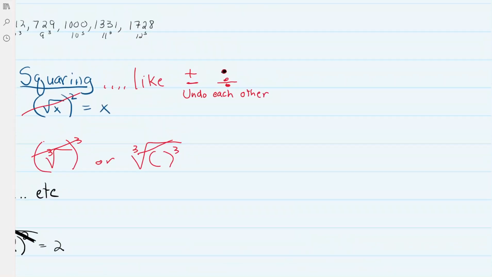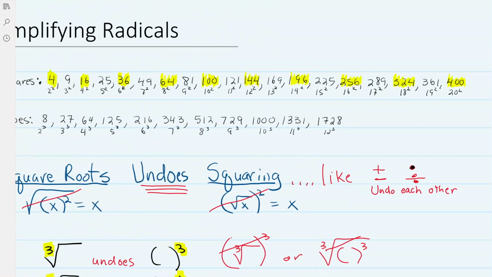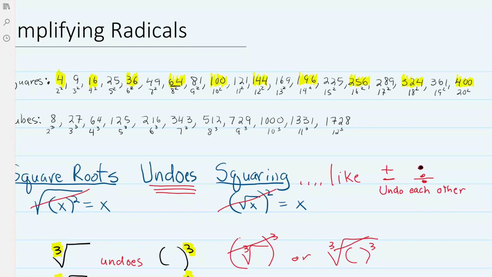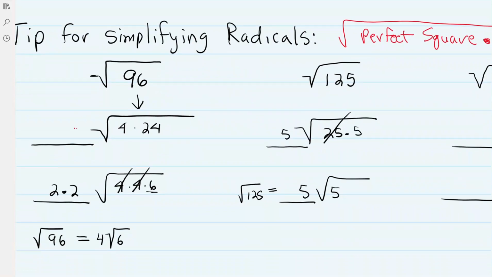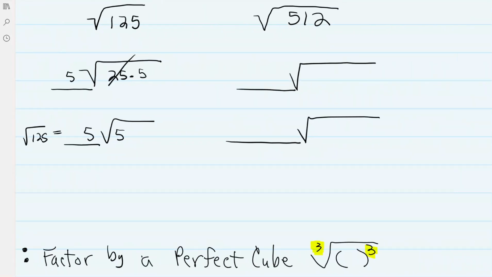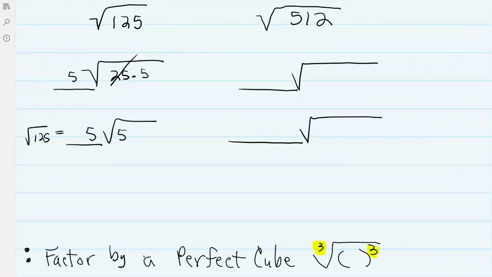512, that's a big enough number. So I'm going to come up here to my list. I'm going to go ahead and try 64. So let's do 512 divided by 64. That leaves 8. We probably could have gone higher. Well, 8 can be rewritten as 4 times 2. And now look at what you have.